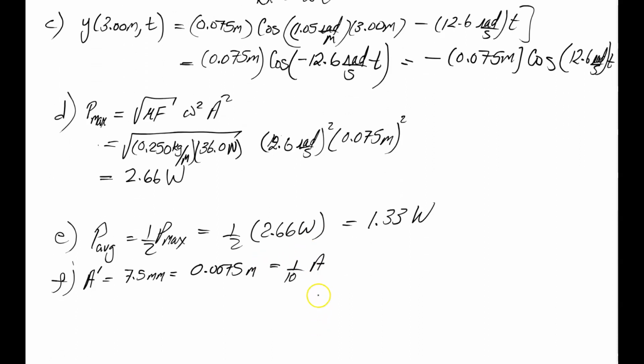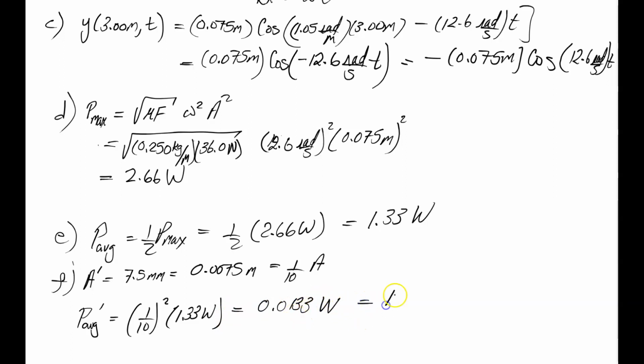And so we can say that the new average power is going to be 1/10 squared times whatever the average power was, 1.33 watts, which is the same as 0.0133 watts, or 13.3 milliwatts.